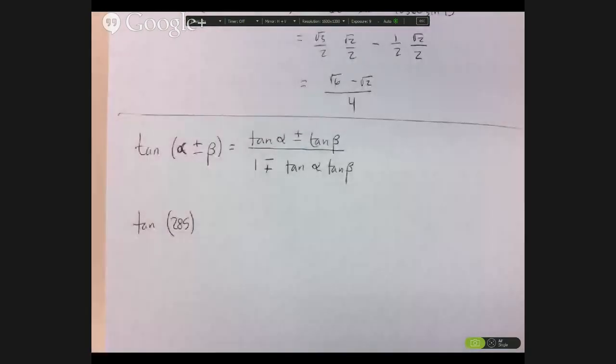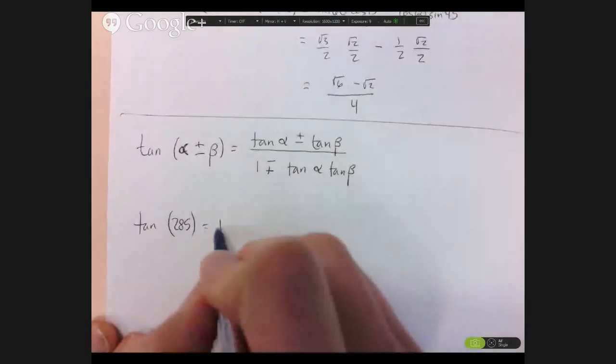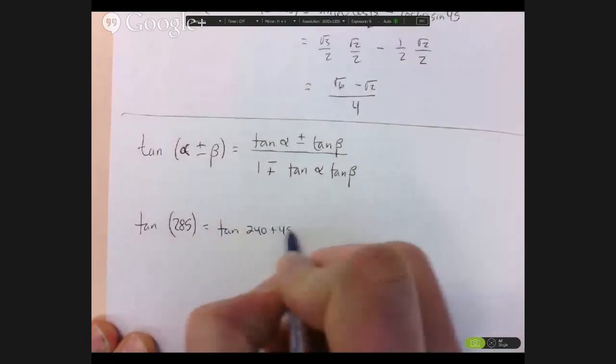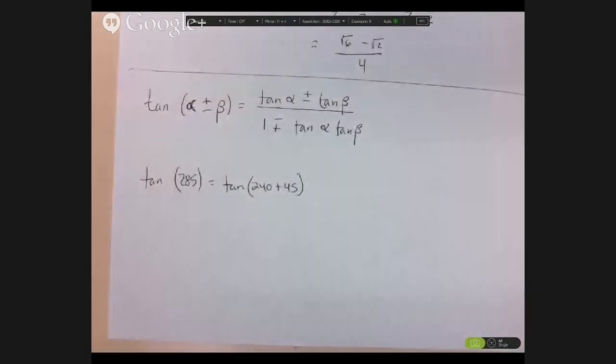Okay, let's try tan 285. Look at your table on 305, and are there some numbers that add up to that you have values for? I don't think tan's on that table, is it? Oh, lucky for us. So I heard Taylor say this. Good?